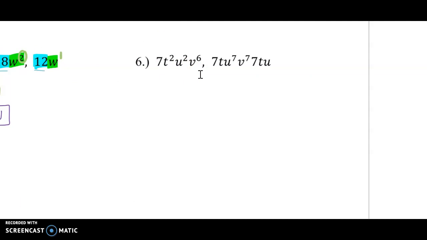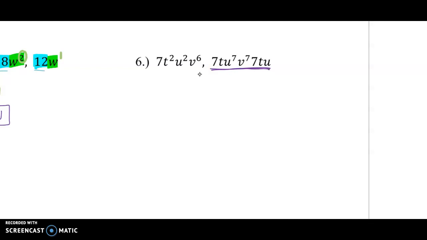If we look at number 6, okay, first thing that we have here, we have a 7. And if you actually notice in this one, let's take a step back and look at what we really have in this. If you pay attention to this term right here, I actually haven't combined everything yet.